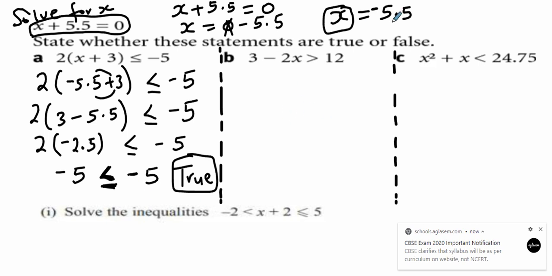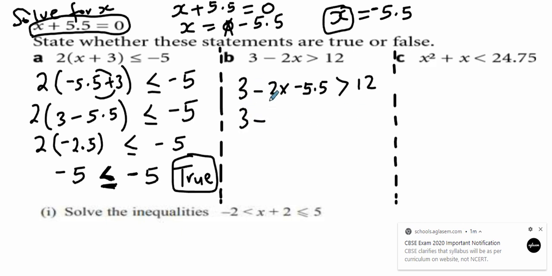Okay, let us do this one. x is equal to negative 5.5. Substitute it here. So this will be 3 minus 2 times negative 5.5. Let us compare with 12 and see if this answer will be greater than 12.